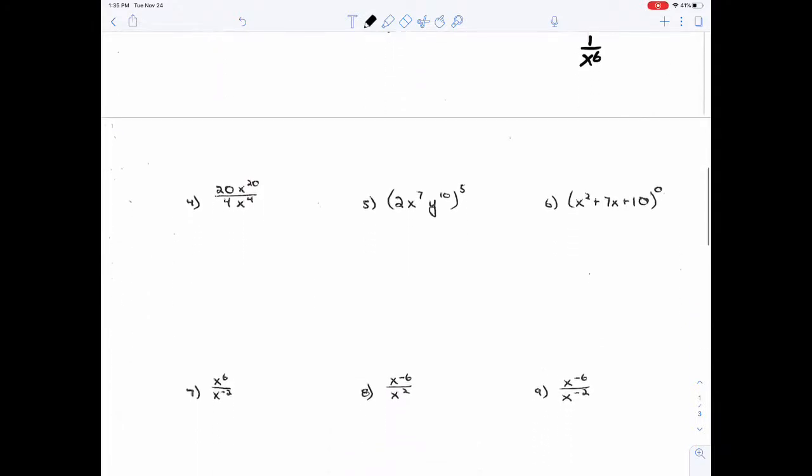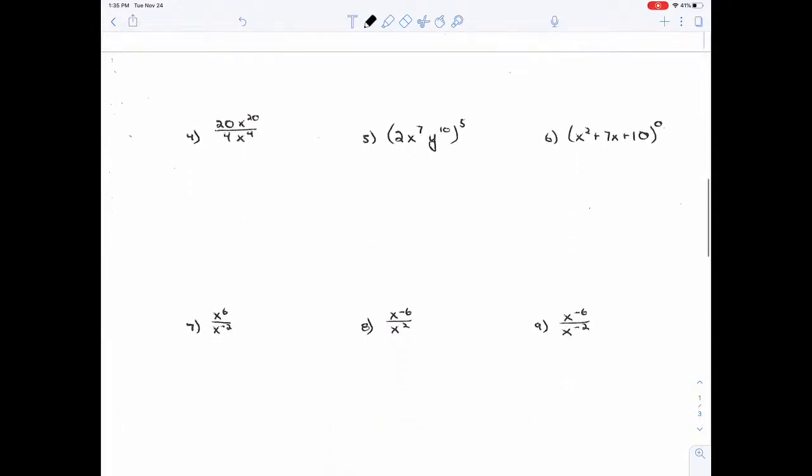Okay, the reason why I like number 4 here is because it makes you realize that you treat exponents differently than you treat just regular numbers. See, the 4 and the 20 cancel to give you 5, okay? And the x to the 20th and the x to the 4th do cancel also, but it doesn't give you x to the 5th.